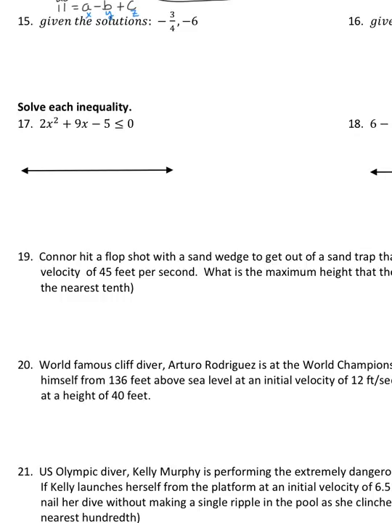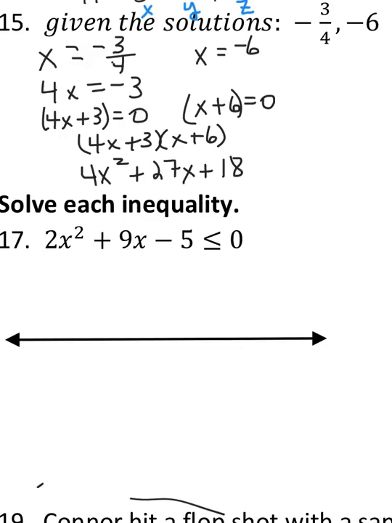Now what we're going to do first is we're going to write these as factors, and then we're going to multiply the factors together to get our standard form equation. All right, so what I've done is I've taken both of the solutions and I've set them equal to x. So x equals -3/4 and x equals -6. And then I'm going to set that equal to 0 by undoing these operations I have here.